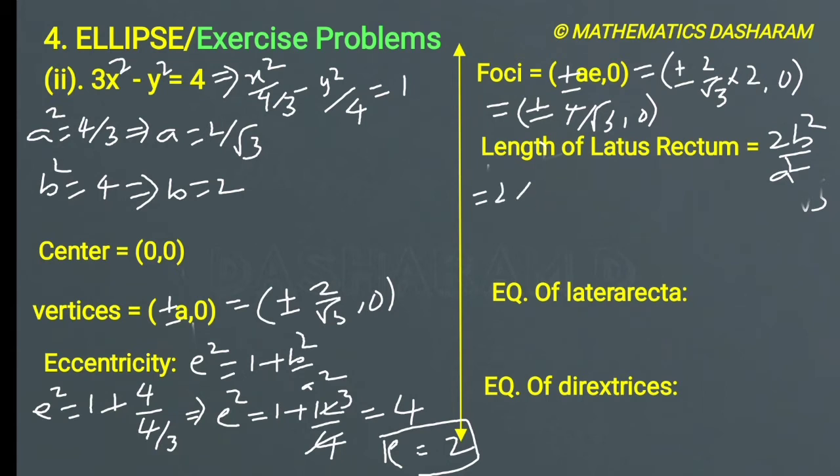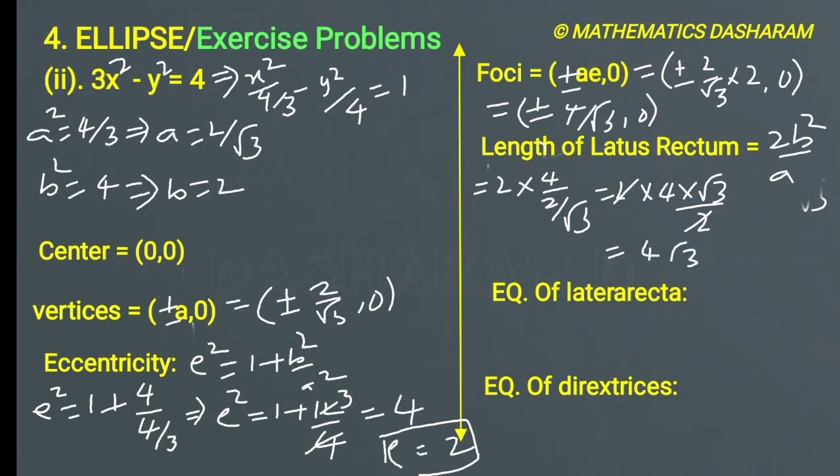So 2 into 4 divided by a value 2 by root 3. So 2 into 4 into root 3 by 2, here 2 cancel, then 4 into root 3.